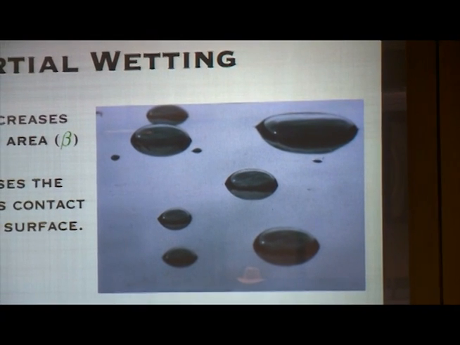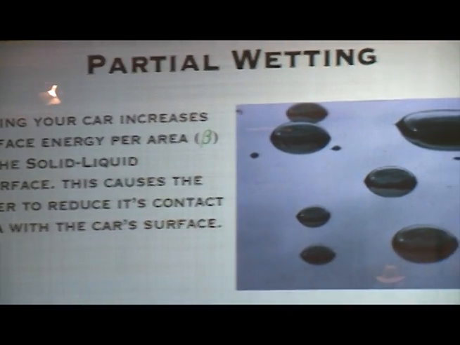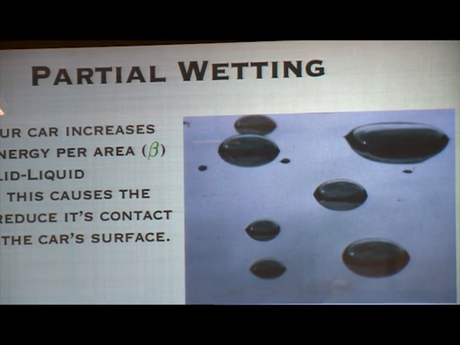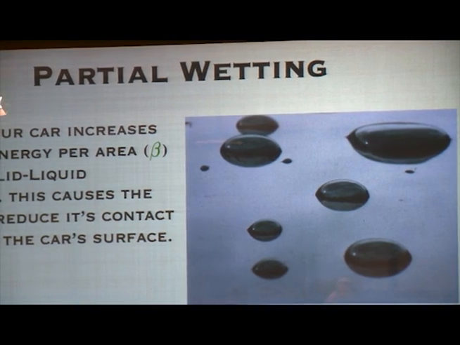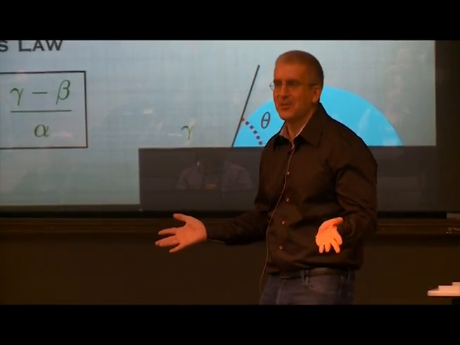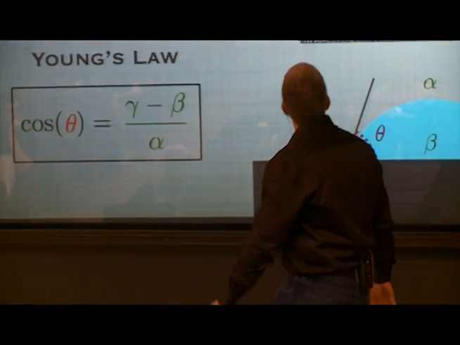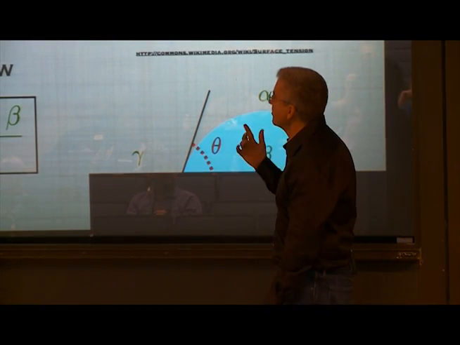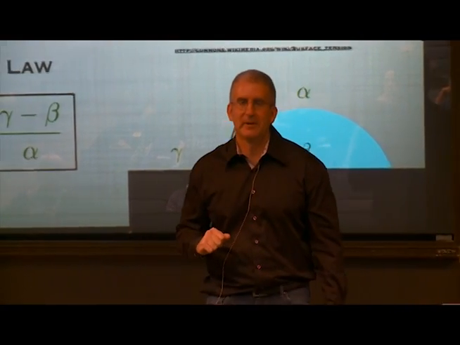Now, we can use this in terms of engineering certain things. This is Southern California. We all define ourselves in terms of our cars, and we want our cars to be nice and shiny. If it rains, you want the water just to sheet off and drop off. The way you can do that is by waxing the car.